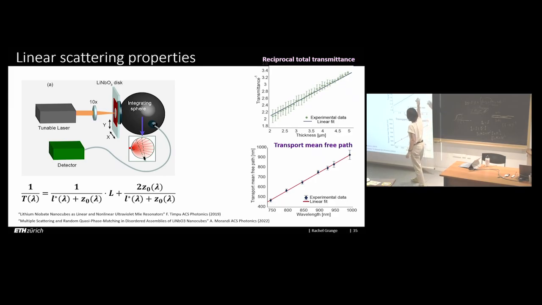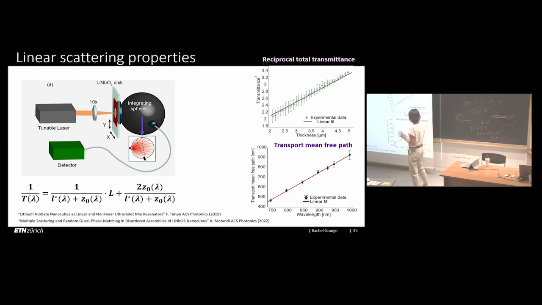So here you see the reciprocal total transmittance measured with different thicknesses. We can measure the thickness with a reflectometer, and we can also relate to the particle size, because we measure by SEM. And of course, the transport mean free path.